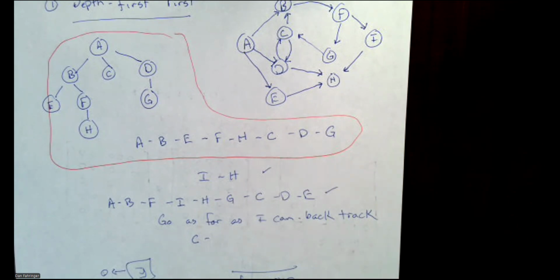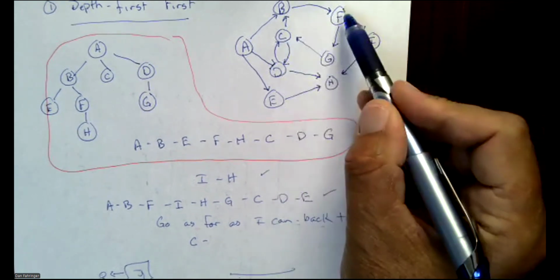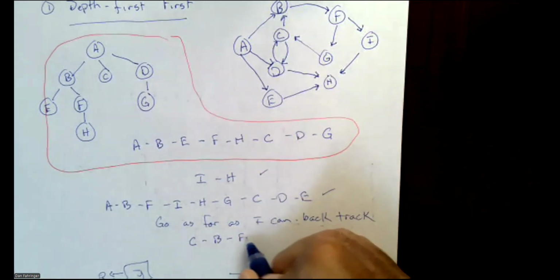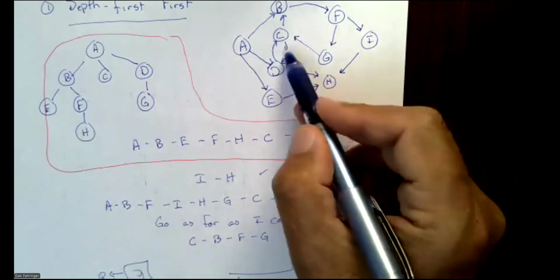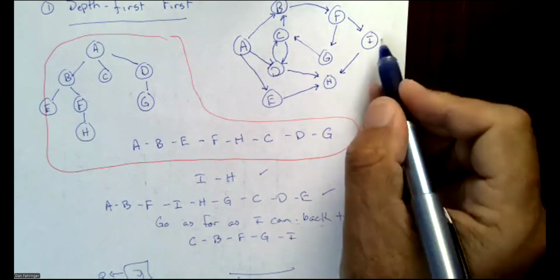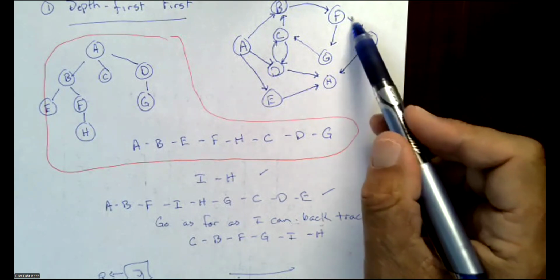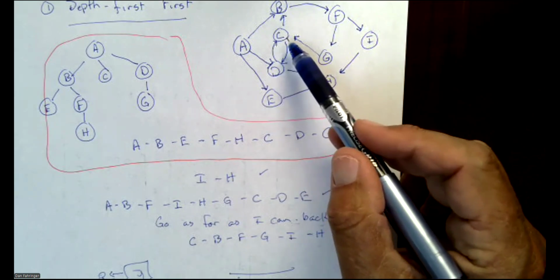And again, yours is going to be possibly different than mine. I go to C, I'm just going to go up. I'm going to go B, keep going to F, keep going to G. That goes back to C. So now I backtrack. I can hit I, I can hit H. Now I backtrack all the way back. Nothing new, nothing new.